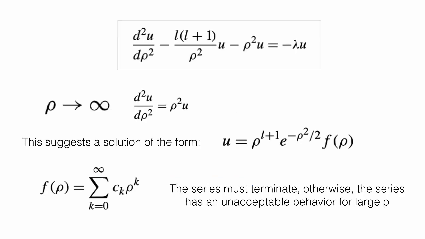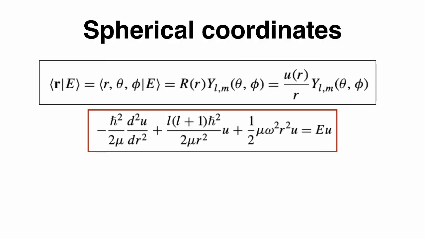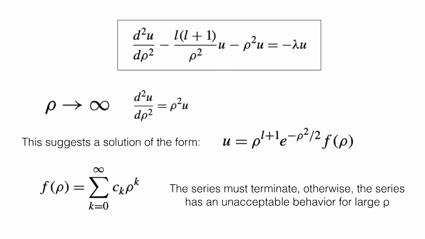Okay, so now we are going to use a very similar approach as we've used in the hydrogen atom. The solution is to look at the solution far away from the origin, and we're also going to use the solution close to the origin that we have already established, right?